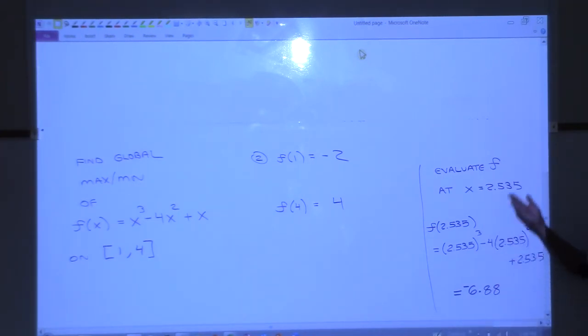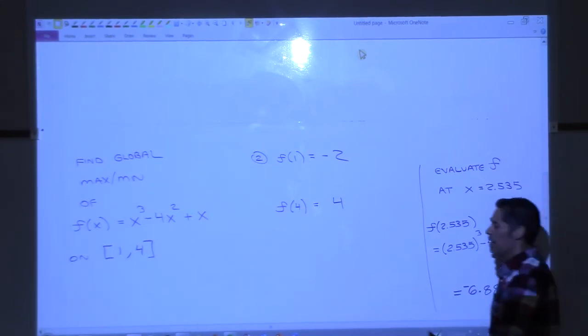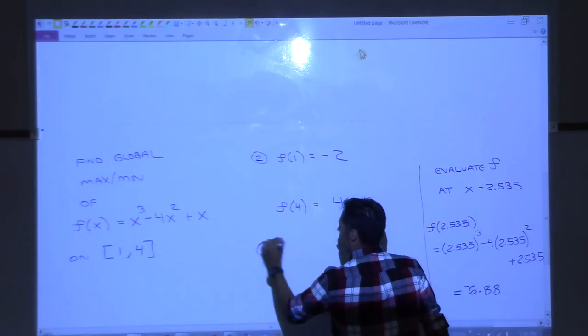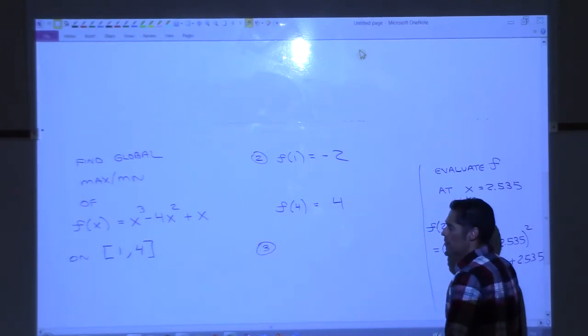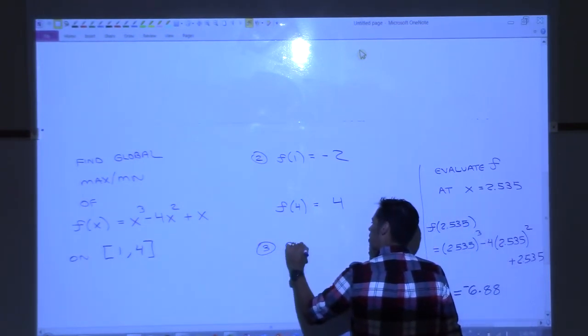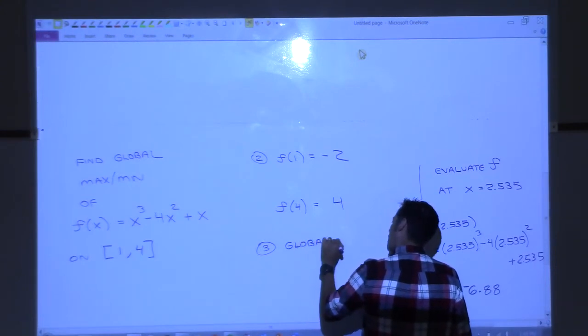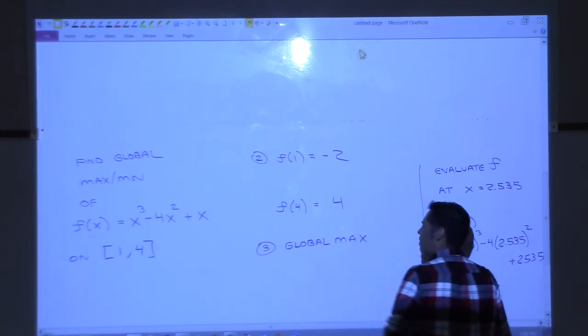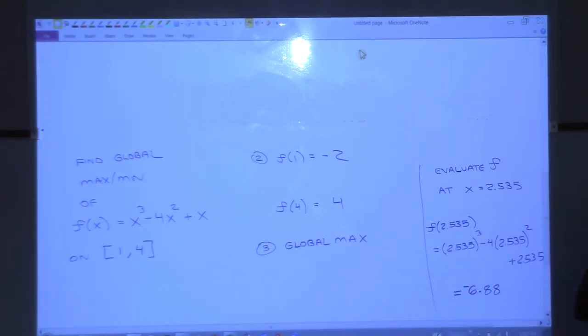So that's it. These are the only 3 values we have to look at. We have to compare them. So step 3 now is to compare and come up with a final conclusion. So what would be your global max? Your global max would be 4. The biggest value you see out of these, right? The global max is 4.